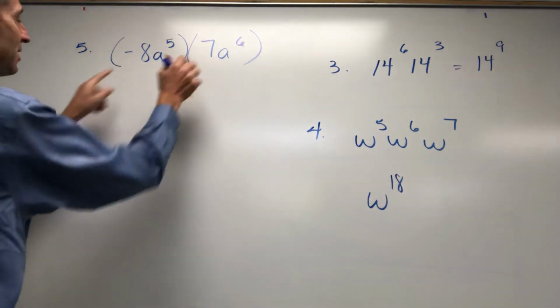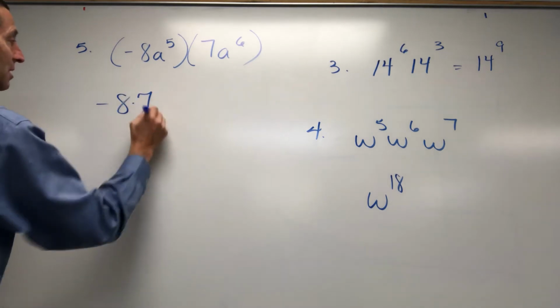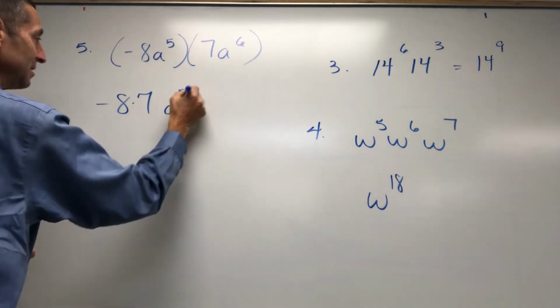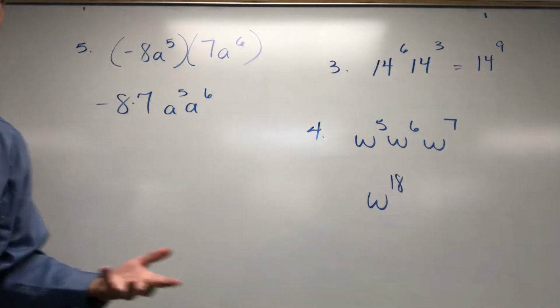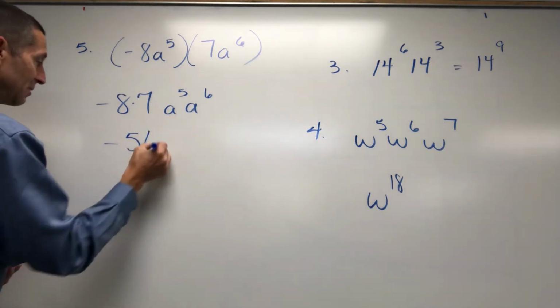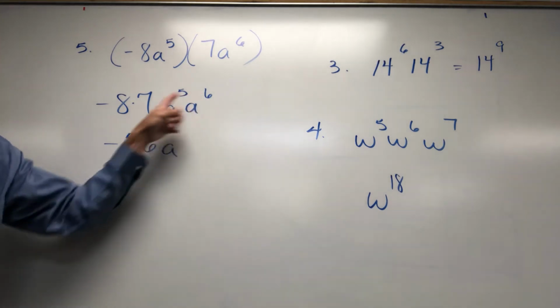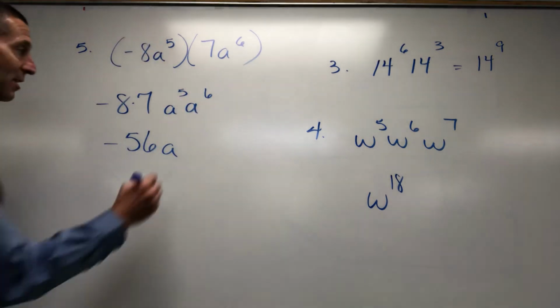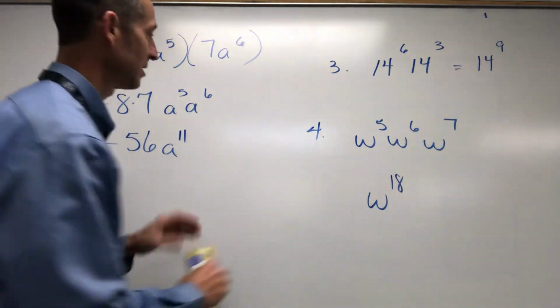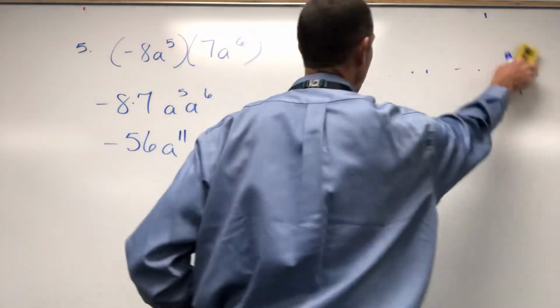You want to take the -8 and the 7, get them together, your A's, get those together, and then you could just work it. -8 times 7, -56, and then you have the 5 and the 6 right here. Multiply or add? Add is correct.